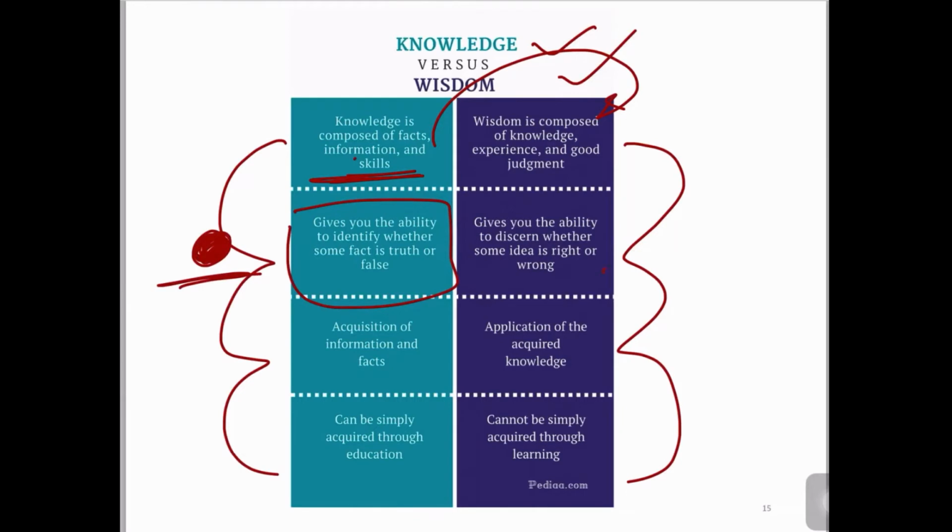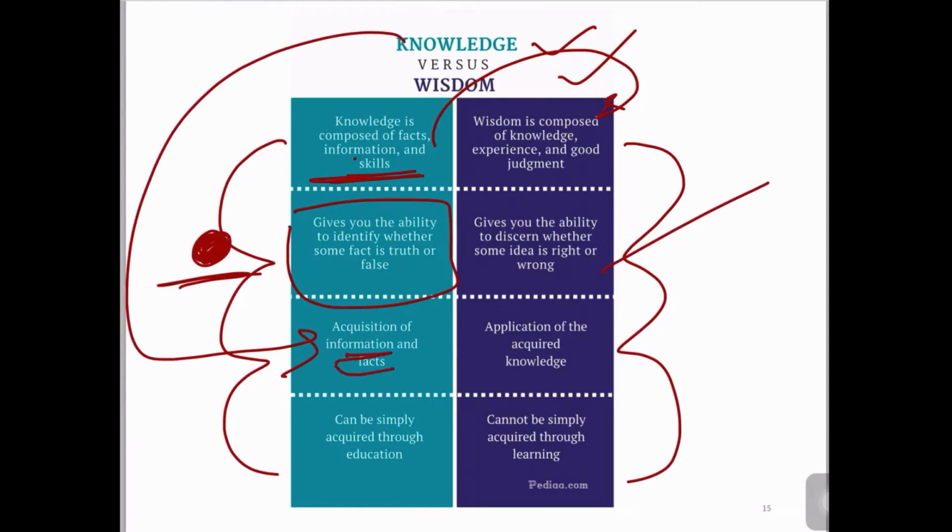However, wisdom gives you the ability to discern whether some idea is right or wrong. Knowledge is also the accumulation or acquisition of information and facts, whereas the application of the acquired knowledge, we call wisdom.